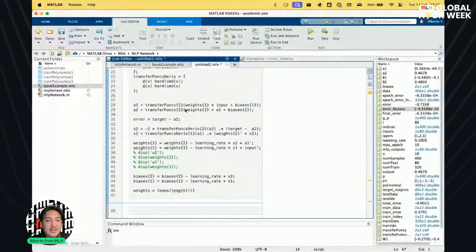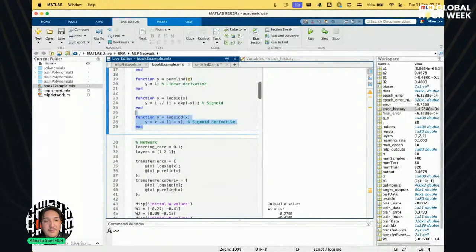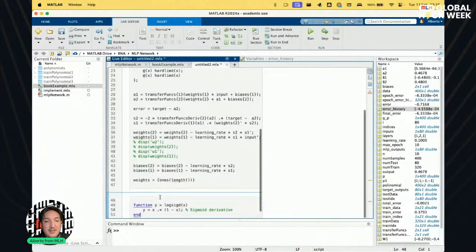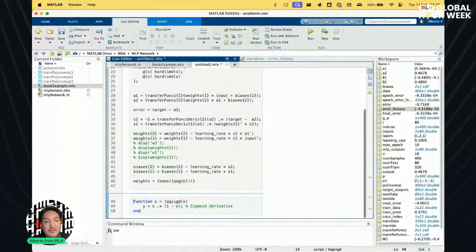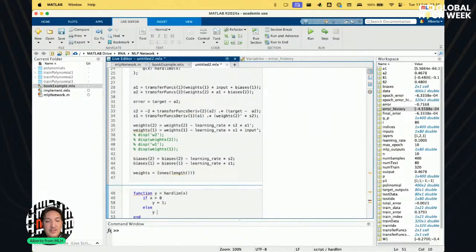So in this case, we will define that as this. Hard limit of x: y equals, if x is bigger than 0, y is 1, else y is 0.